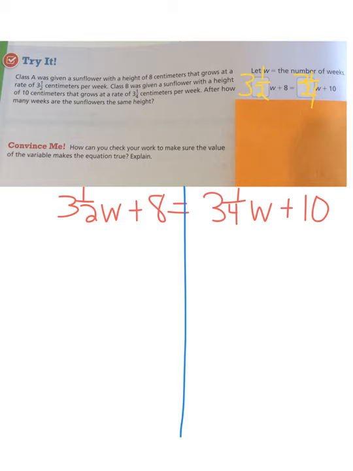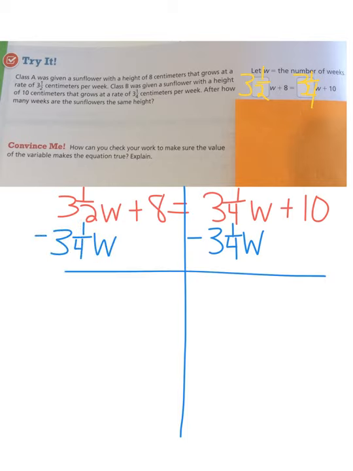The opposite of a positive 3.25 W is to take away 3.25 W. Whatever we do to one side, we do to the other. Please make sure you remember you're taking the entire term. The W is going with it. This becomes a big old 0. Remember, opposites are 0. That's why I circled it, meaning 0. It's gone.